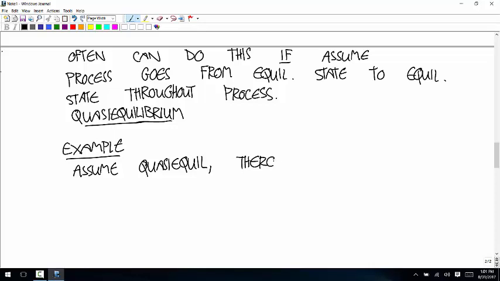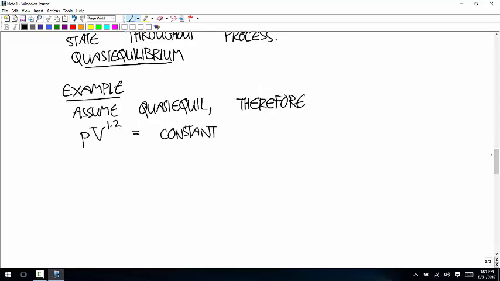in this case, we're going to assume that the pressure times the volume to the power of 1.2 is a constant. And we're going to assume that at the starting state, pressure in the gas is 3 bar. 1 bar is 1 times 10 to the 5th pascals.